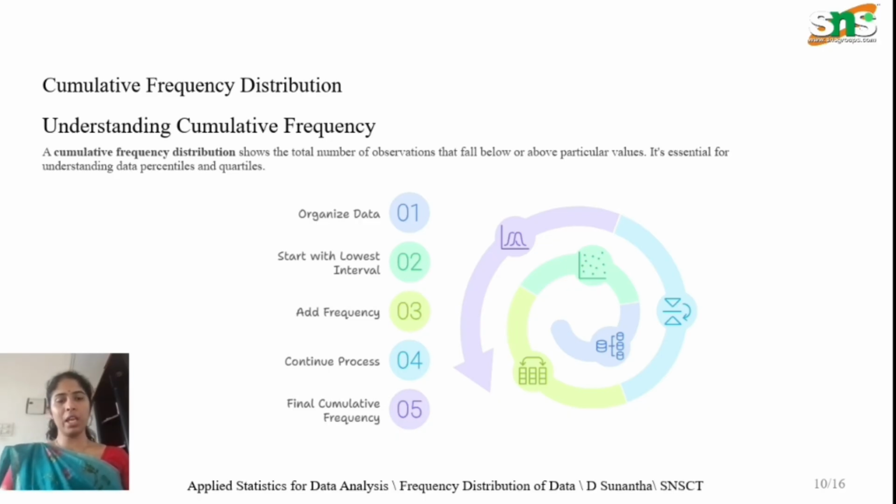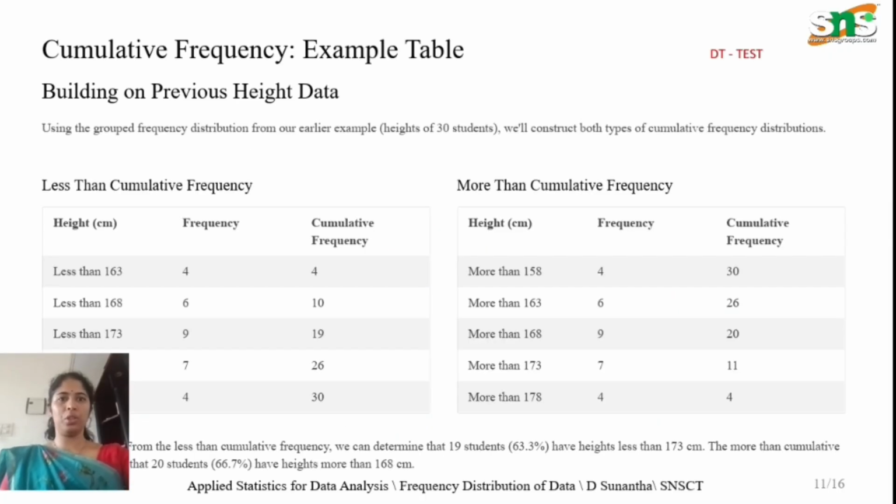These advanced tables help us determine percentiles, median, quartiles, and data comparison across different tables. These concepts we will discuss in our upcoming lectures, and we'll be having this in our second unit. For example, the first one is less than cumulative and the second one is more than cumulative. This is one of the applications of cumulative distribution. This is the ogives.